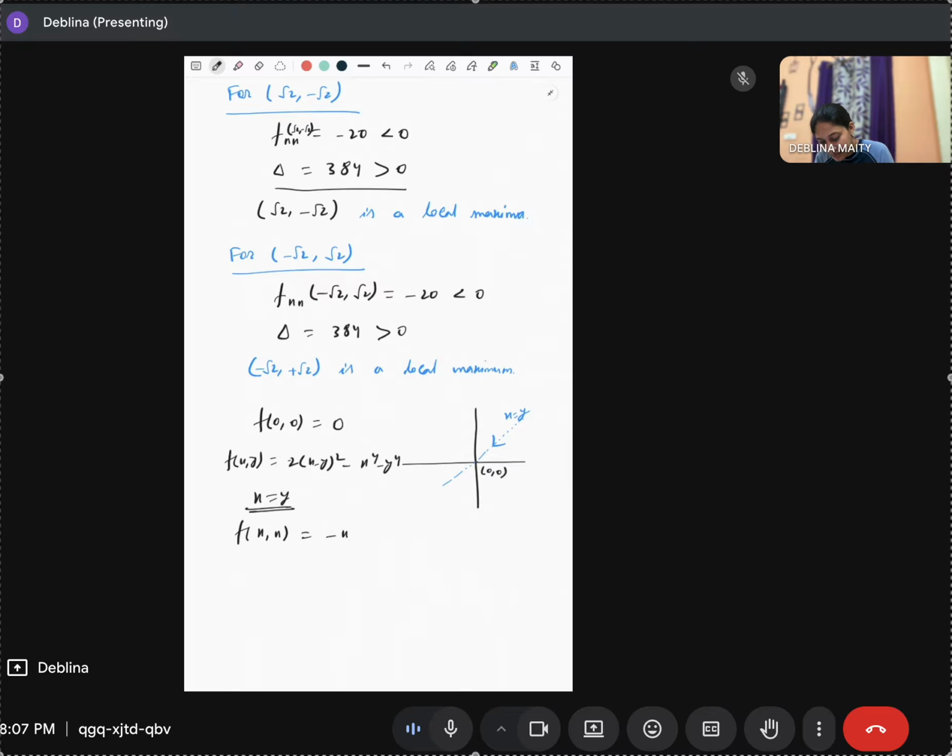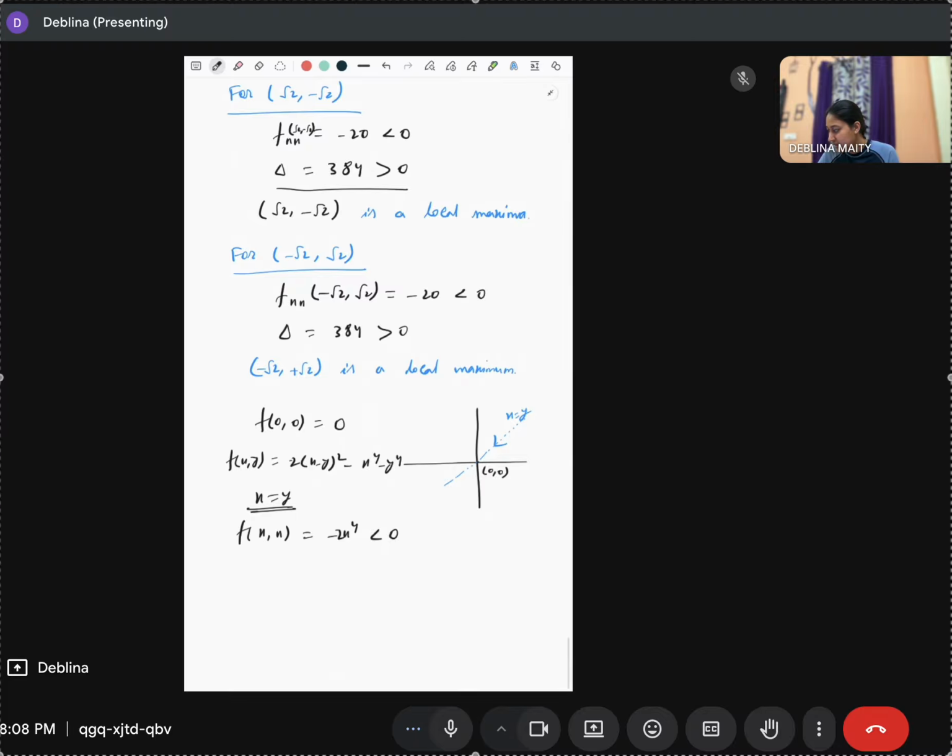This is minus 2 of x to the power 4, right? So this value is negative in a neighborhood of 0 0, right? Along this line all this functional value is negative.